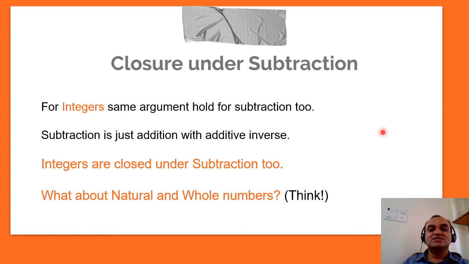And in both cases, we have infinite numbers on both sides, and hence integers are also closed under subtraction. What about natural numbers and whole numbers? Are they also closed under subtraction? Just think about it.